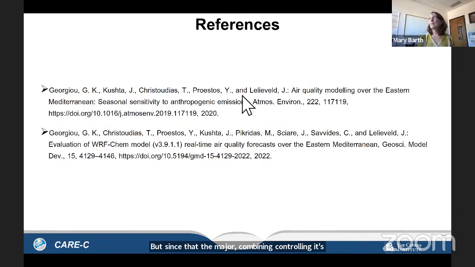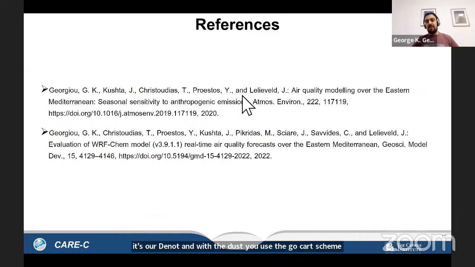And with the dust, you use the GOCART scheme. Are you planning to try different ones? Actually, this is something we are starting to work on, and the first step is to also evaluate the performance of the AFWA schemes.